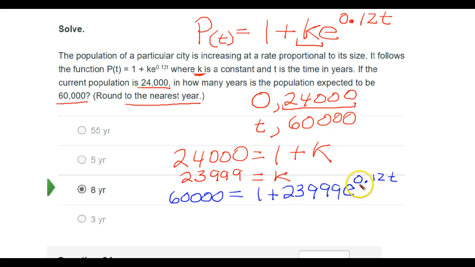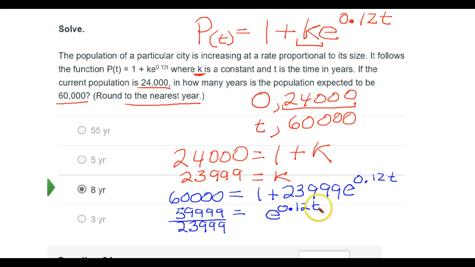The e comes down and it's to this exponent. We don't know the t now. The t will be the number of years. So we're going to subtract 1 from both sides and get 59,999. And now we're going to divide both sides by this so we can isolate the e to this power.